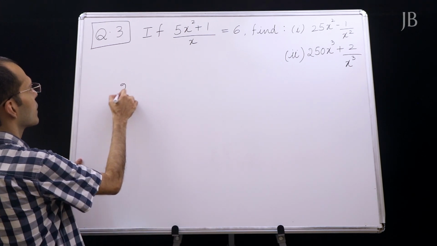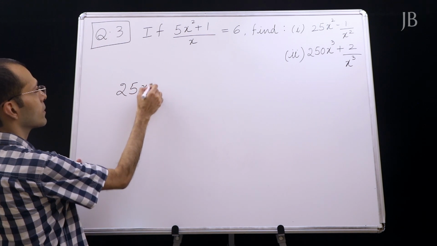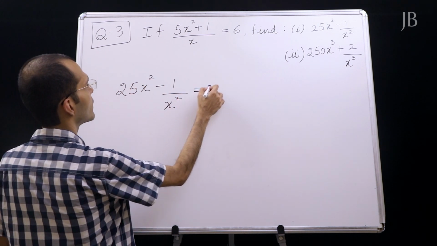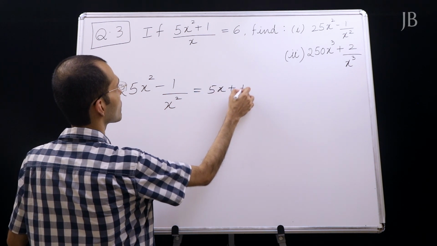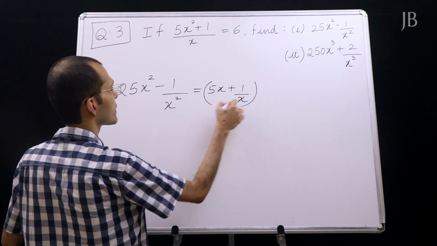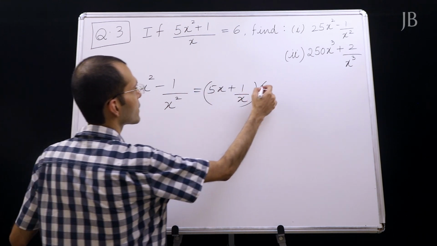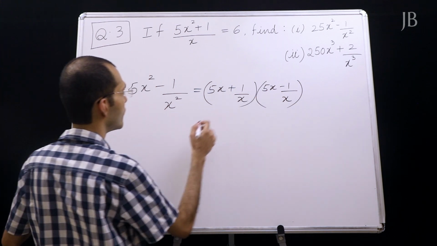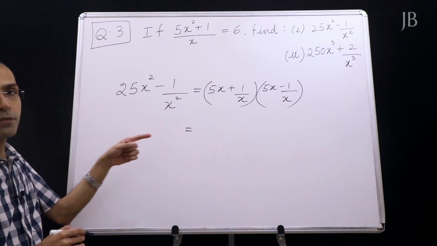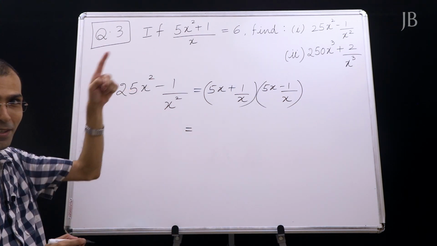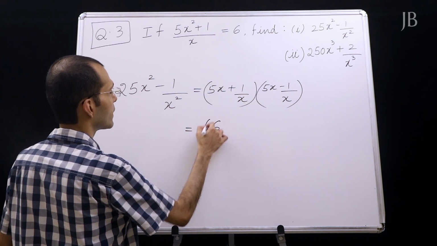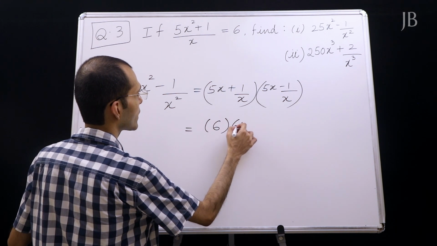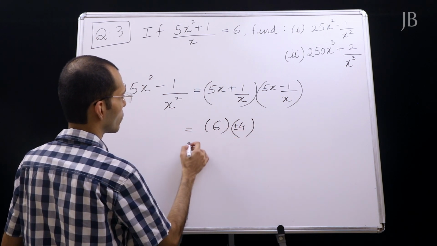Okay, now 25x square minus 1 upon x square will be 5x plus 1 upon x, factorization this is, difference of two squares, into 5x minus 1 upon x. Now 5x plus 1 upon x, we worked it out in the very beginning, that was 6, and 5x minus 1 upon x, we just now worked it out, it was plus or minus 4.